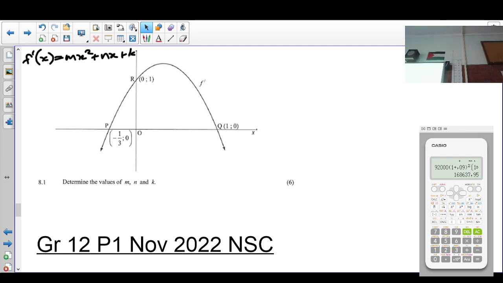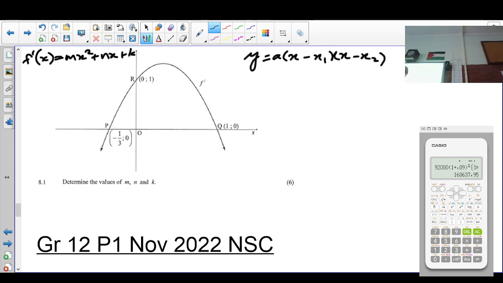So what we notice here is that we got a parabola graph here, a quadratic function. So we follow the formula, y is equal to a into x minus x1 into x minus x2, where x1 and x2 are x-intercepts. So we now say y is equal to a into x plus a third and x minus 1.